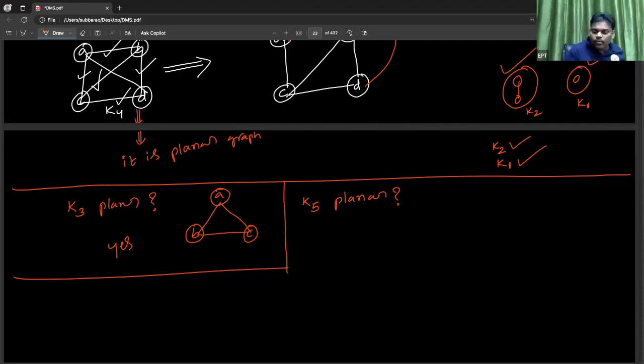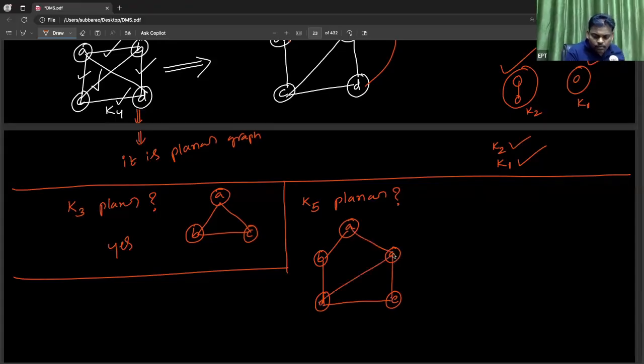First draw K5. Some people ask, how does K5 look? 5 vertices: A, B, C, D, E. So in K5, do you know how many edges there are? 5 vertices, every vertex has degree 4.